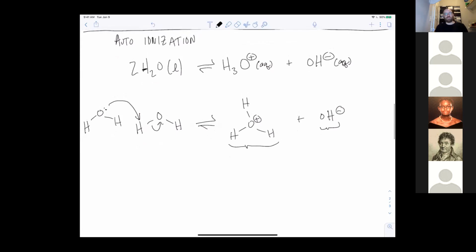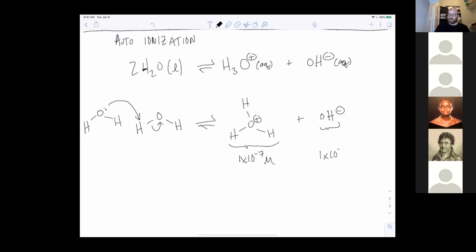The concentrations of these things are very, very low. Specifically, you come out with 1 × 10⁻⁷ molar of each of these.